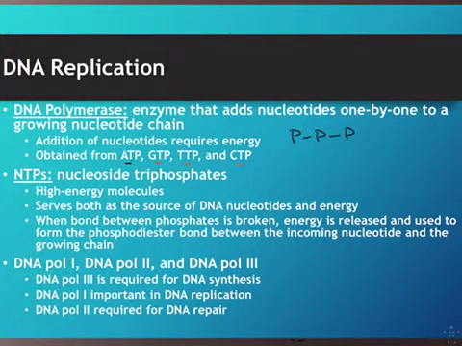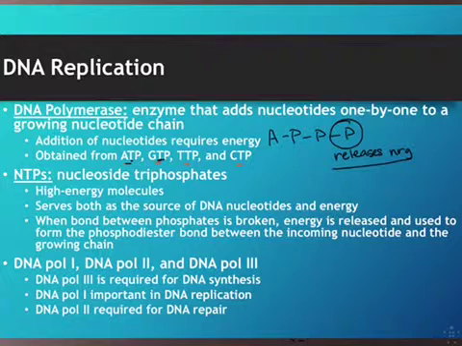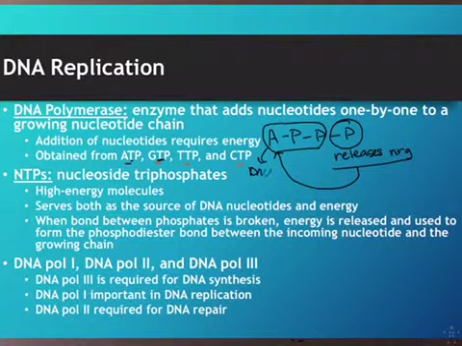That's what the T is for, triphosphate. Let's say there's an adenine on this one. If this adenine nucleotide needs to get added to the DNA, that will break off this phosphate, which releases energy. And then this energy that got released is used to attach this adenine diphosphate to the DNA molecule. Okay.